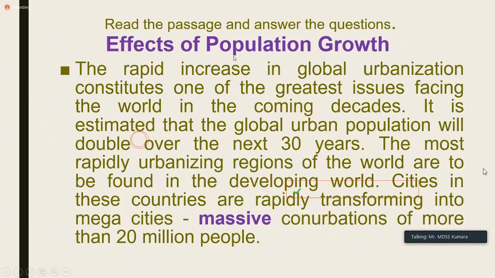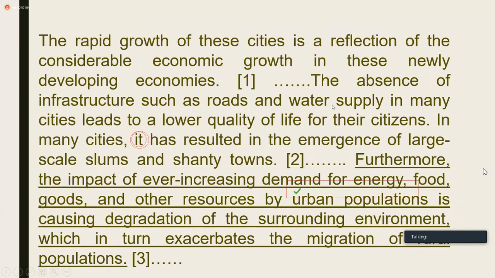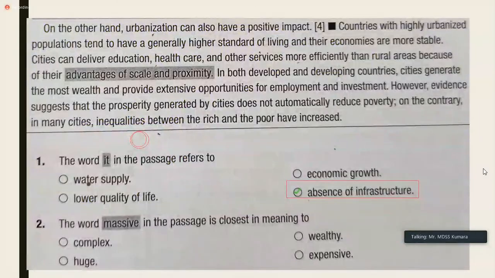Anybody who remembers the answer? Absence of infrastructure. That's right. Absence of infrastructure is the answer. That is the subject of the previous sentence as well. It means absence of infrastructure.